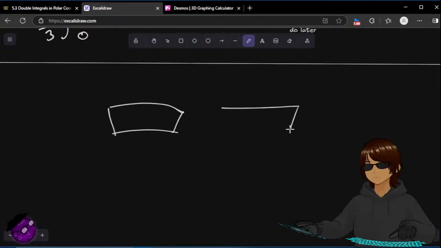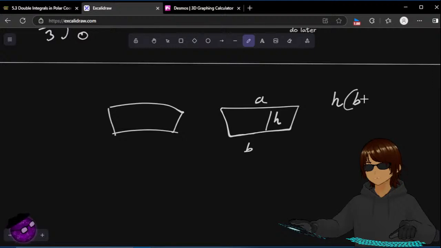But the area of a trapezoid, A, B, and then H, is this over 2. This plus this times the height over 2. This will look like this when this is very small.